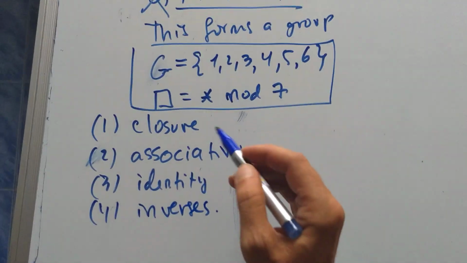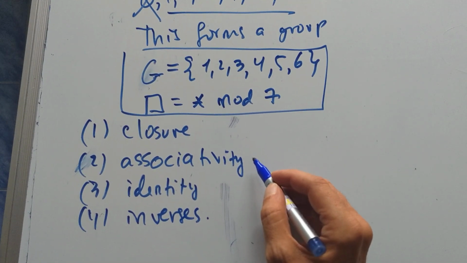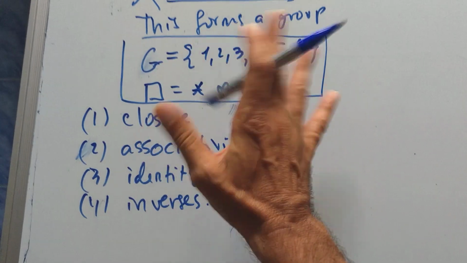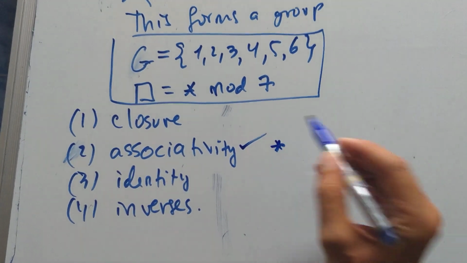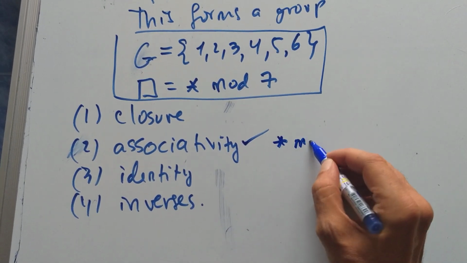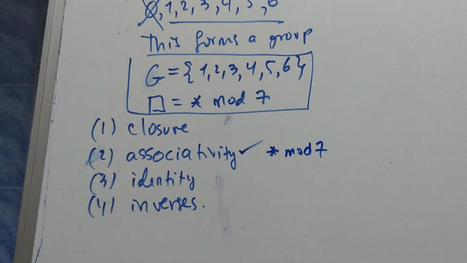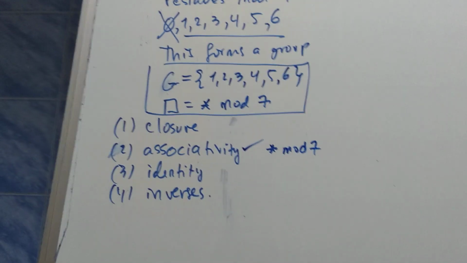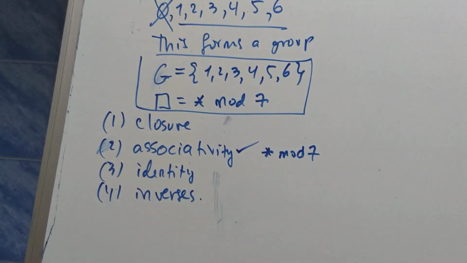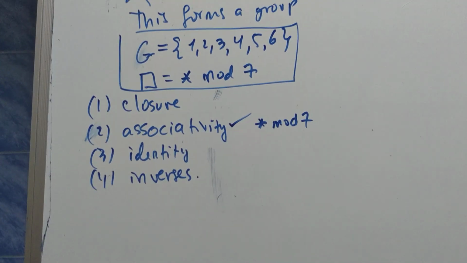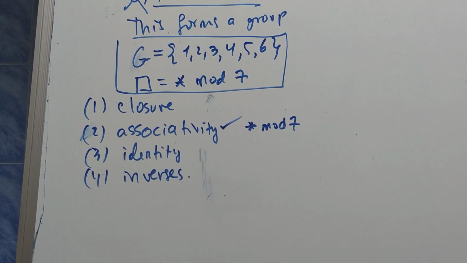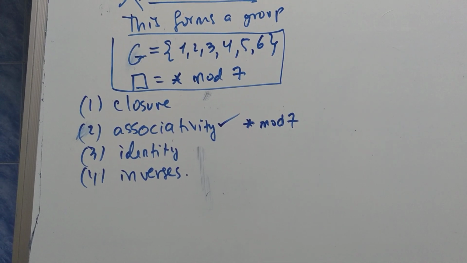Well, associativity, I'm going to dispense with right now with some hand waving. I know that multiplication is associative. Multiplication mod 7 is associative, but I don't need to say any more about it. So let's look at the other properties, which we need to do some work on.